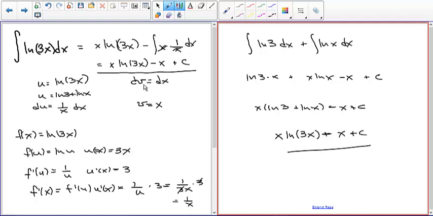So you do get the same thing. It shows you can use the properties of logarithms if you want to, or you don't have to, and you're going to get the same answer anyway. So, okay.